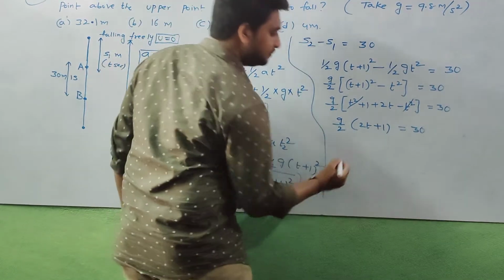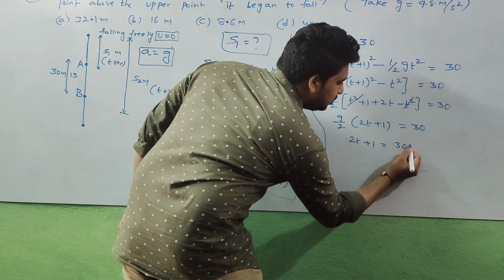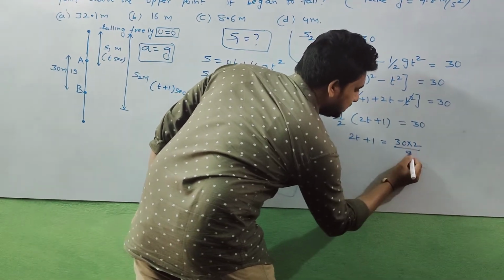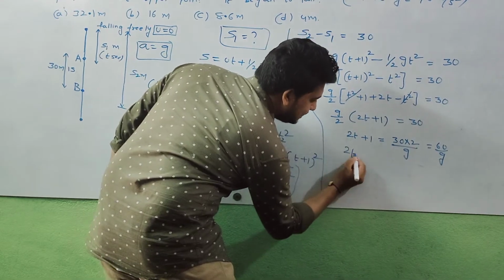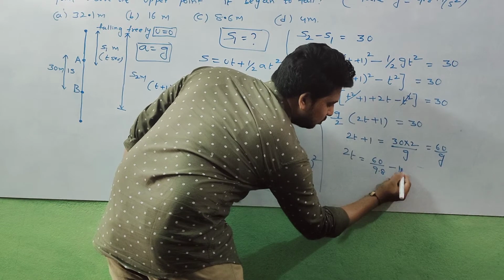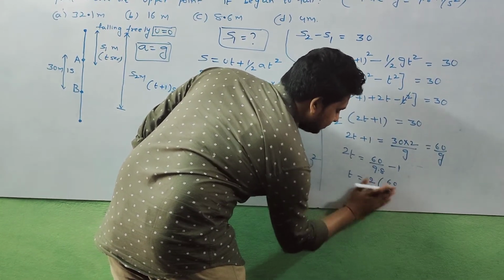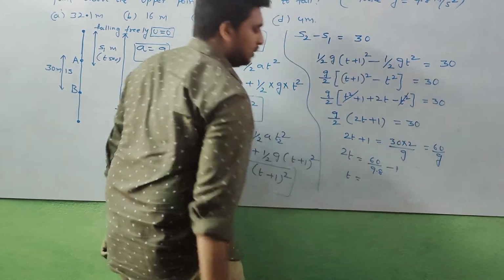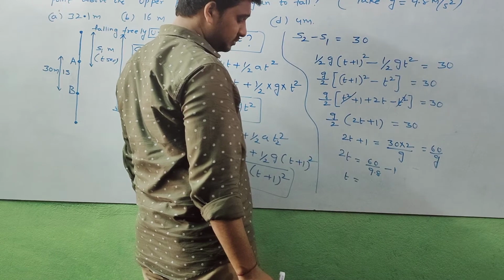So from this, 2t plus 1 is equal to 30 into 2 by g, which is equal to 60 by g. So 2t is equal to 60 by 9.8 minus 1, and t is equal to 60 by 9.8 minus 1, divided by 2.